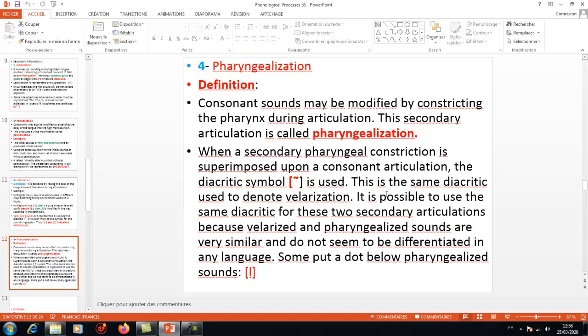This is the same diacritic used to denote velarization. It is possible to use the same diacritic for these two secondary articulations because velarized and pharyngealized sounds are very similar and do not seem to be differentiated in any language. Some put a dot below pharyngealized sounds, this one. So this one represents a pharyngealized L.